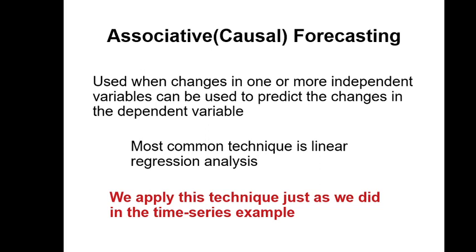Everything will be the same calculation, the same equations, even the values of A and B use the same formulas, except I want you to understand that X here is not time. It is something else.